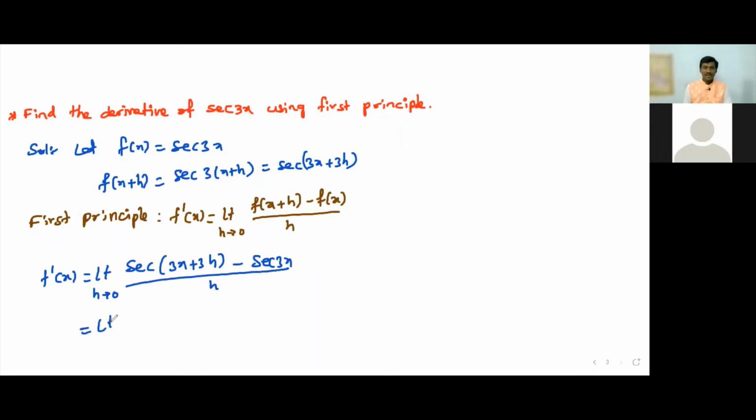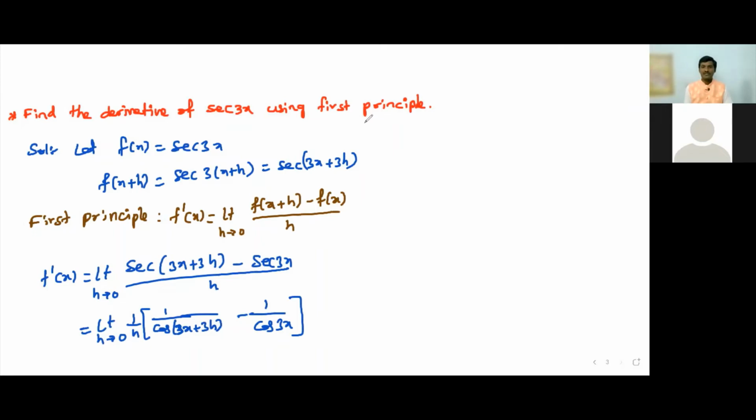Now I am writing this as limit h tends to 0, 1 by h as a coefficient written outside, and secant we can write as 1 by cos. So 1 by cos of 3x plus 3h minus 1 by cos 3x. Take the LCM.